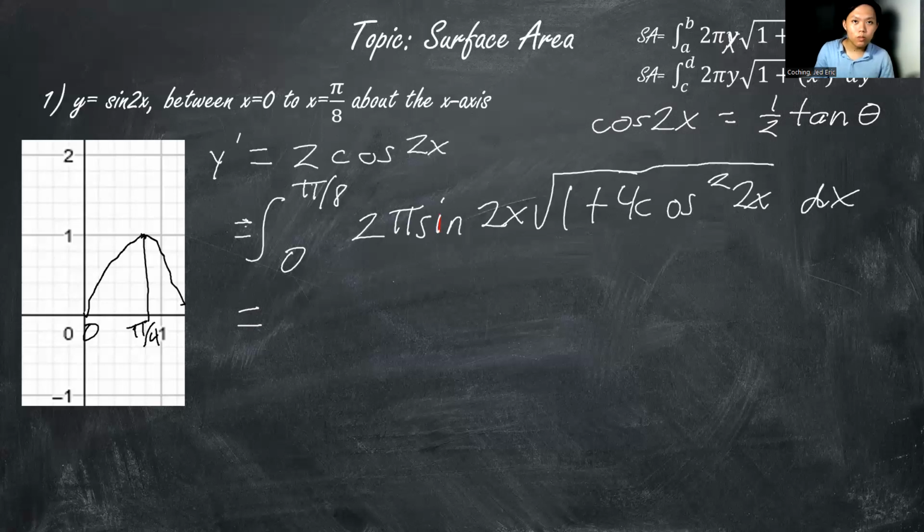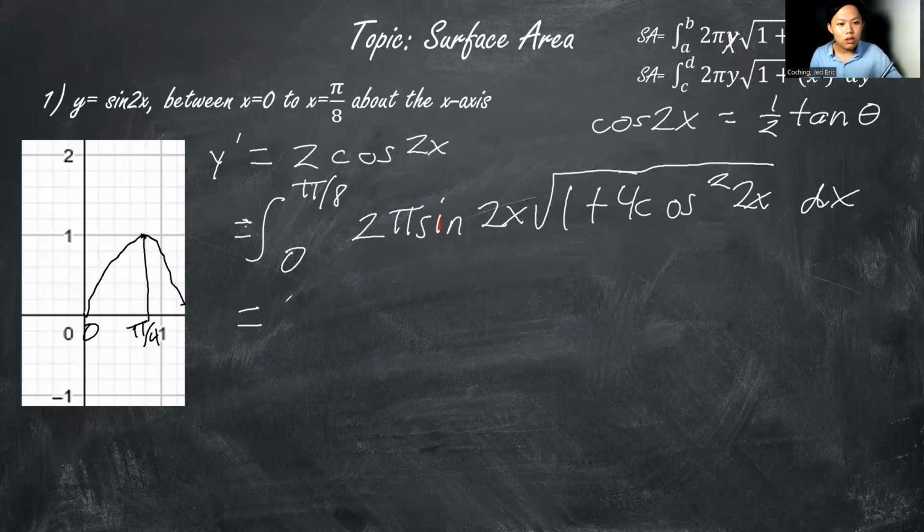So for cos 2x, this is going to become tan squared theta. 1 plus tan squared is going to be secant squared theta, and the square root, so secant.